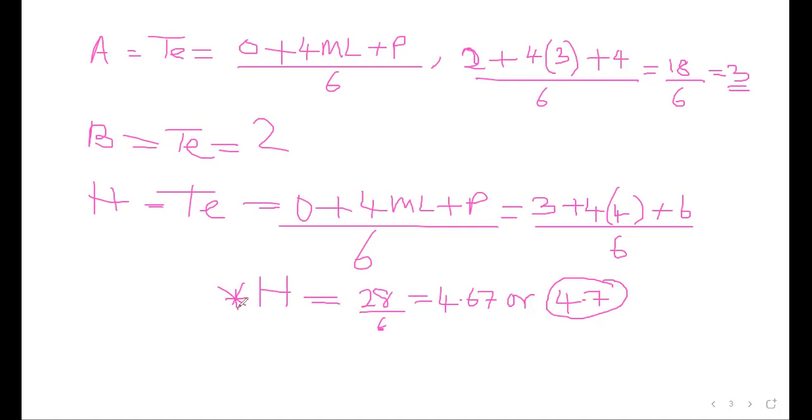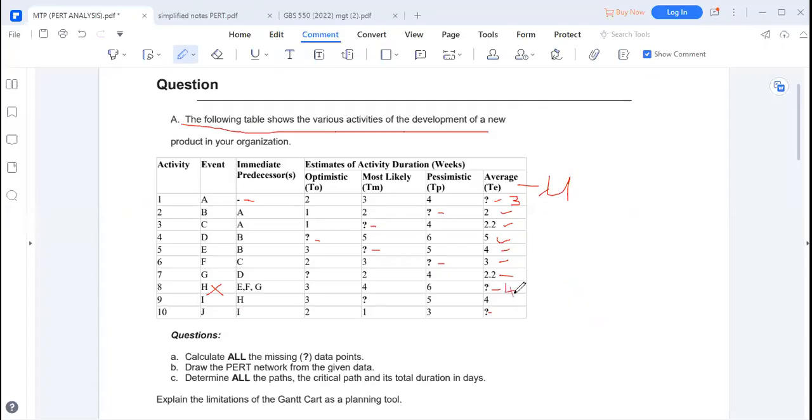Then after that, we need to now sort out the other one. We need to check now, find the time expected. So here for H is 4.7.